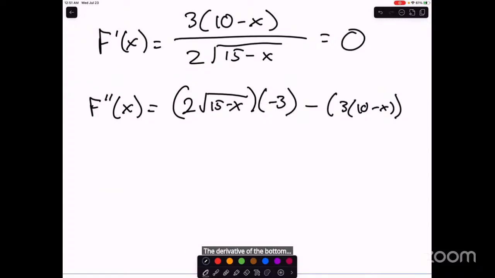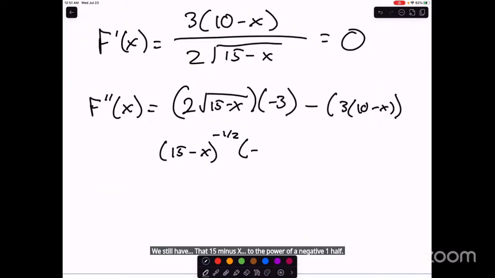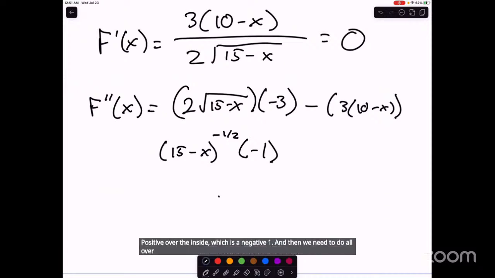The 1/2 comes down, so that cancels out the 2. We still have that 15 minus x to the power of -1/2 times the derivative of the inside, which is a -1. And then we need to do all over the bottom squared.